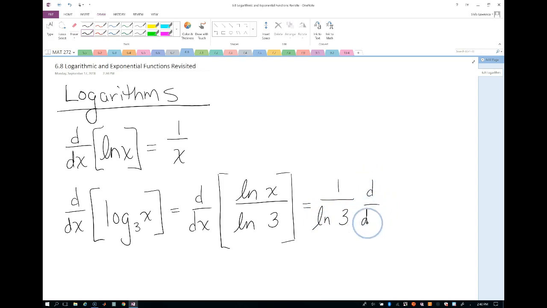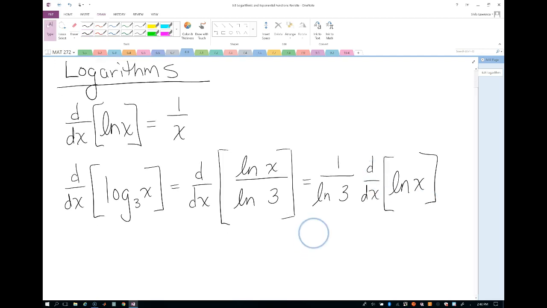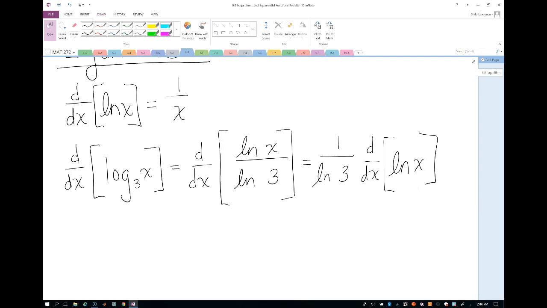And then really we're just asking again, what is the natural log of x? Which is what we leave inside. That's the piece that still has the variable in it. And we know from above that the derivative of natural log of x is 1 over x. So we get 1 over natural log of 3 times 1 over x, which is easier to just combine into a single fraction.